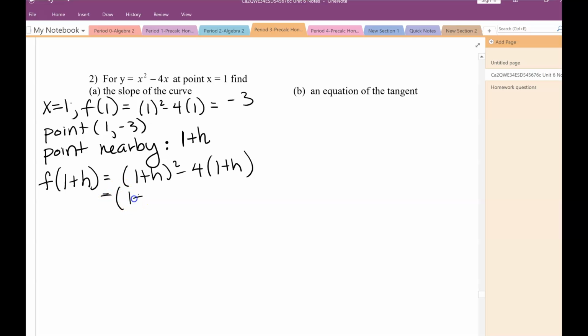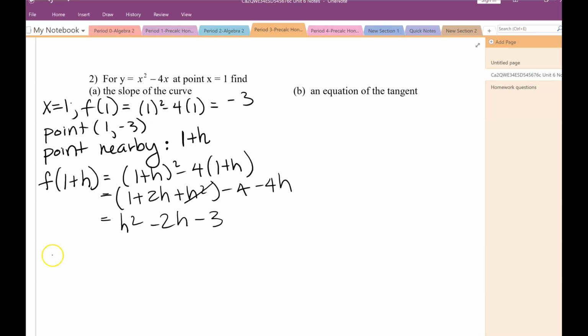It's going to be 1, plus, in the middle, 2h, plus h squared, minus 4h. Check my basic math. So far, so good? So I would have 1h squared, true or false? And then how many h's? Negative 2h's. And then the constant would be minus 3.